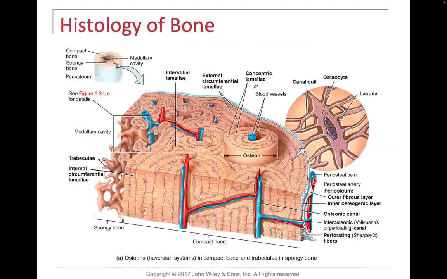So when we look at bone a little bit further, when we look at the compact portion, they're made up of osteons, and osteons have these concentric rings. They're called concentric lamellae. In the center, where there's a central canal or haversian canal, that's where we have blood vessels.